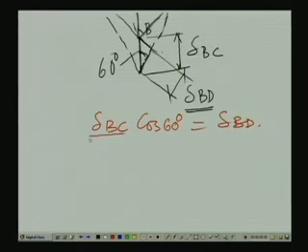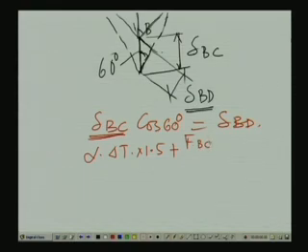The deformation which we have obtained in the member is alpha times delta T times length, which is 1.5 meter for this, plus the force in the member BC times length of the member BC divided by AE.